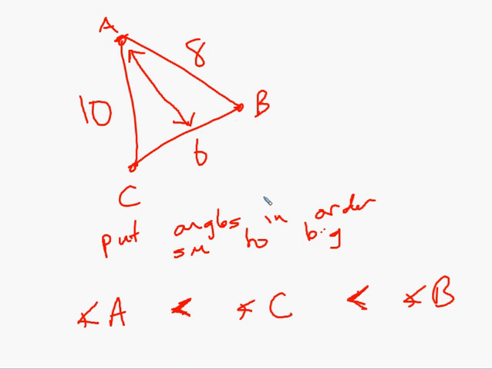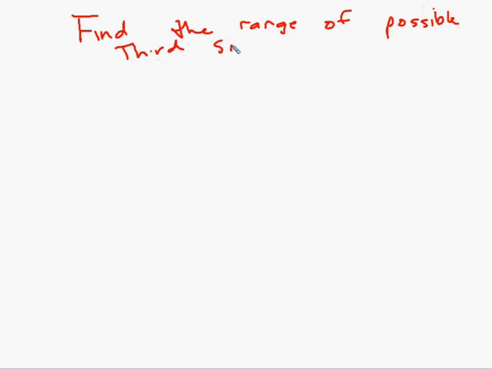All right, we are really on the last thing that goes with this section of triangle inequalities, and that's going to be find the range of possible third sides. So let's say I have sides 4, 7, and x.